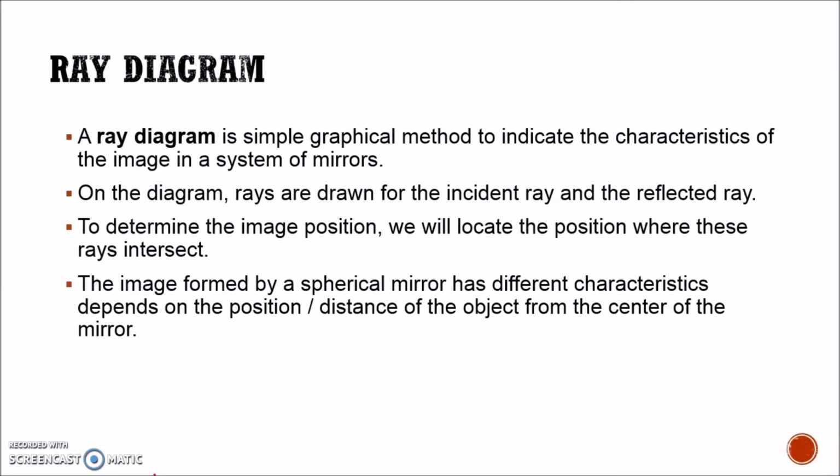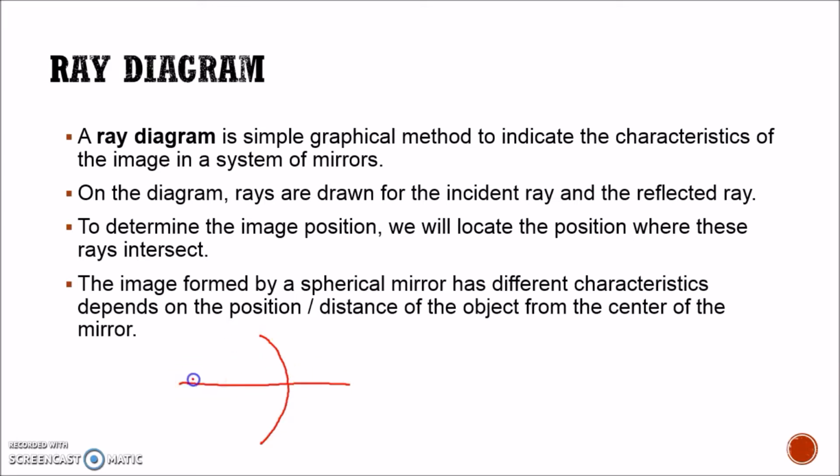What is actually a ray diagram? Gambar rajah sinar. It's a method to help us determine the position of the image formed and also its characteristics. For example, I want to sketch a ray diagram for a concave mirror. So what I do is, I sketch a concave mirror, and this is the principal axis.